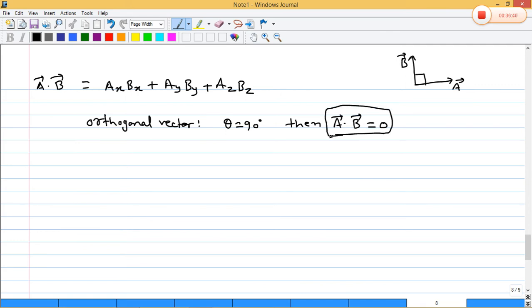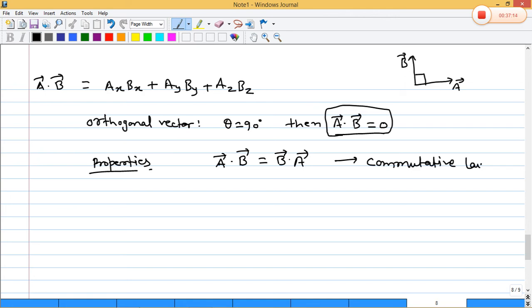We will say two vectors are orthogonal if their dot product is 0. Okay, now some properties are there. If A dot B is this, then this is equal to B dot A. Okay, this is said to be the commutative property or commutative law.